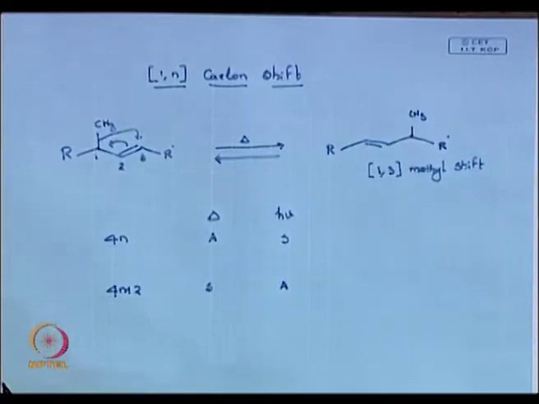Initially it will be antarafacial for 4n, then it will be suprafacial for 4n plus 2, just the reverse of it. So, just similar to a hydrogen shift when it is methyl. Okay. Keep that in mind, when it is methyl. Any doubt up to this? Okay.